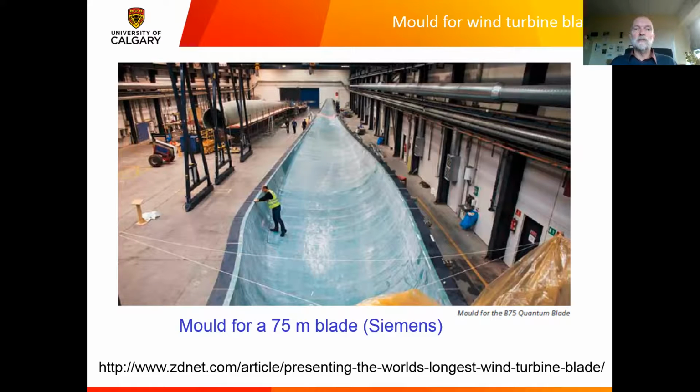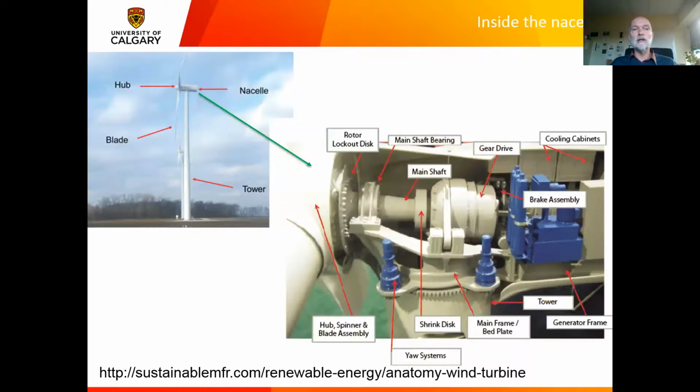Now, of course, the blades are extremely important to a wind turbine, just like a wing is extremely important to an aircraft. But there's a lot of other components to a wind turbine that we need to know a little bit about. So the final slide that I have to show you shows what is inside the nacelle on a wind turbine. So you can see on the top left of the screen that I'm highlighting now, there's the nacelle.